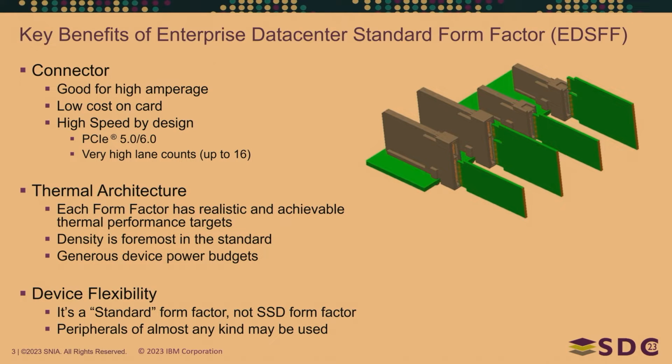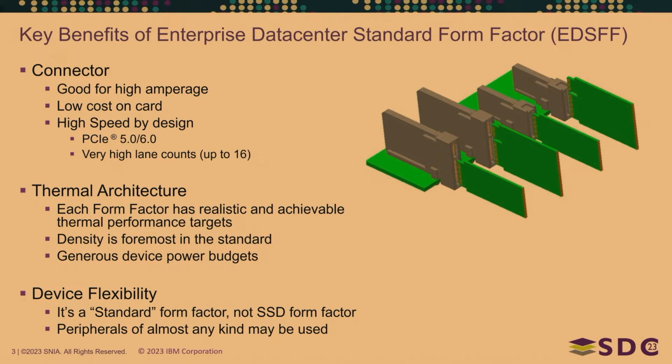The thermal architecture I find very good. Each form factor has very realistic and achievable thermal design targets. The density is foremost in all of these form factors in the standard, and the power budget is very generous as well. And of course, for device flexibility, this is the Enterprise Data Center Standard form factor now, not the SSD form factor.